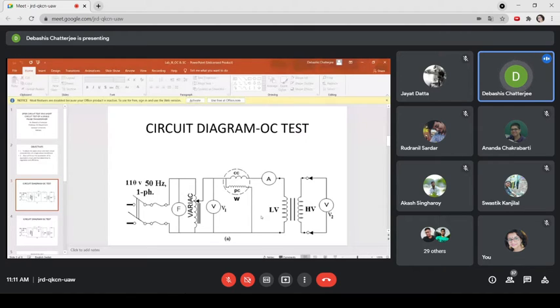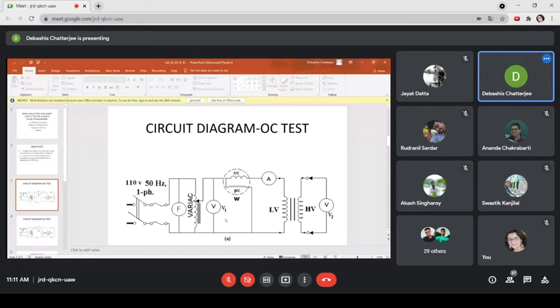Although the readings will be the same whether taken from the low voltage or high voltage side, the entire reading is referred to the side where it is taken. The wattmeter reading remains the same because it is voltage into current into cos phi. In one case voltage is high and current is low; in the other, voltage is lower and current is higher. So the wattmeter reading will not change, but the voltmeter and ammeter readings will. But it is difficult to find proper instrumentation and supply utilities if you perform it at the high voltage side.